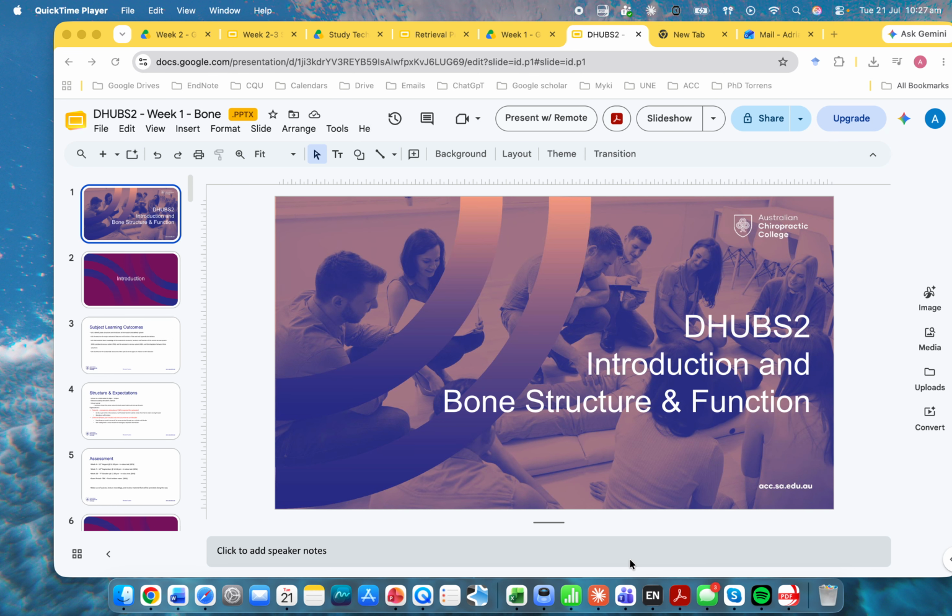So I'm just going to use the D-Hubs to the first lesson as the example, which is the introduction and the bone structure and function, as the way that I would suggest going about setting up your Anki system.